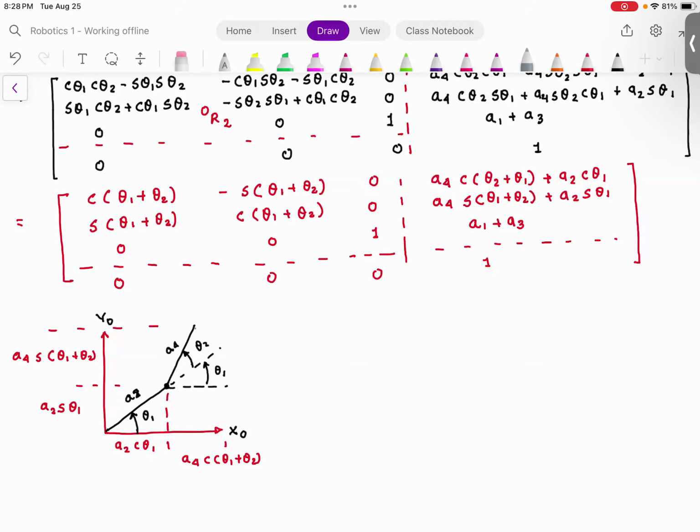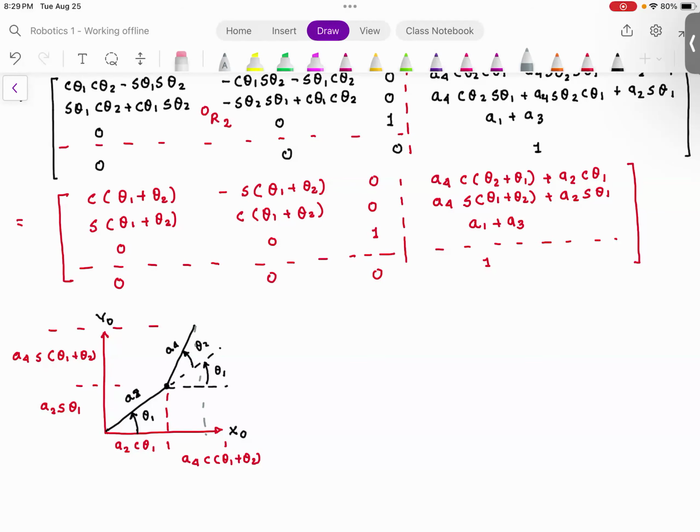In case you are wondering, I want you to draw vertical lines: A2 cosine theta 1, A2 sine theta 1. Since theta 2 is with respect to the direction of A2, this angle is theta 2.